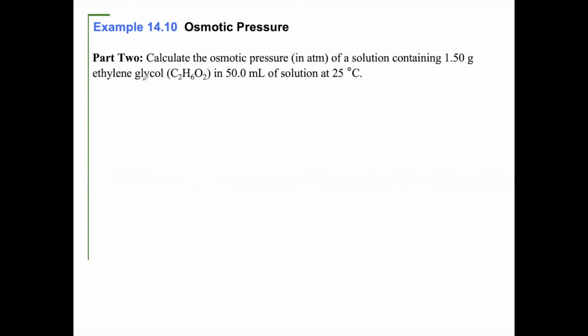Okay, so let's just keep in mind our formula for osmotic pressure. And we've been given 1.5 grams of ethylene glycol. And let's just convert that to moles right now, because we know we're going to need that, right?